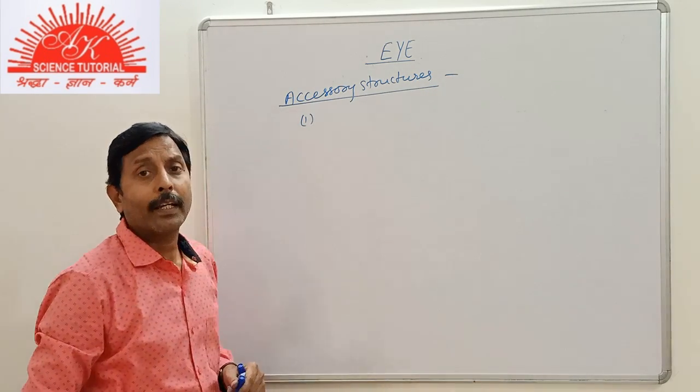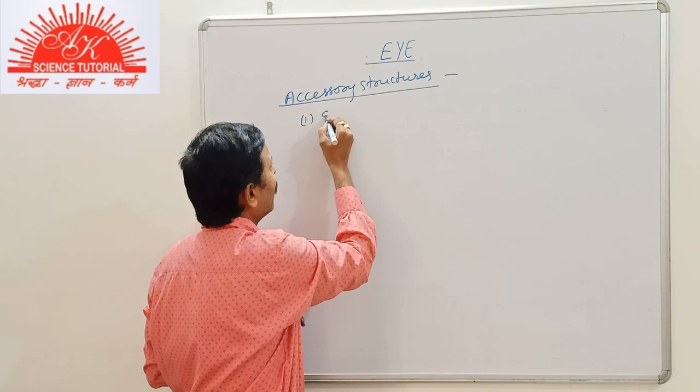The first accessory structure is the eyebrow.